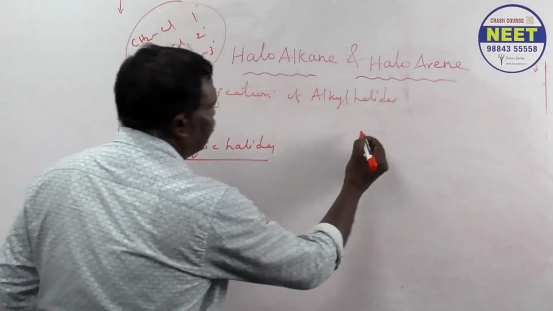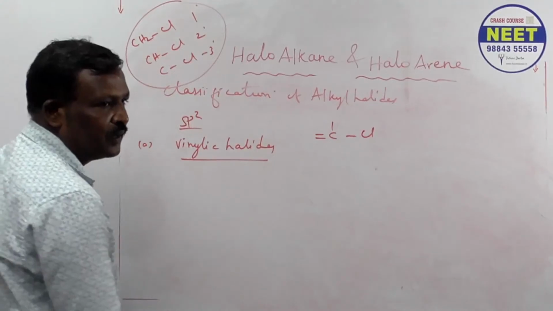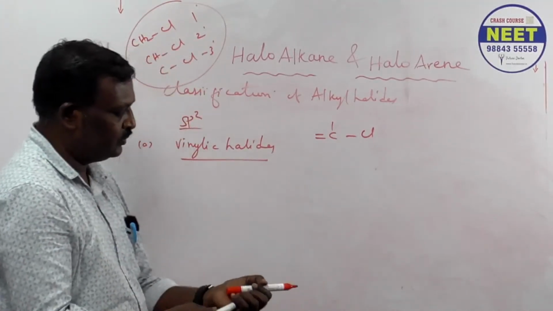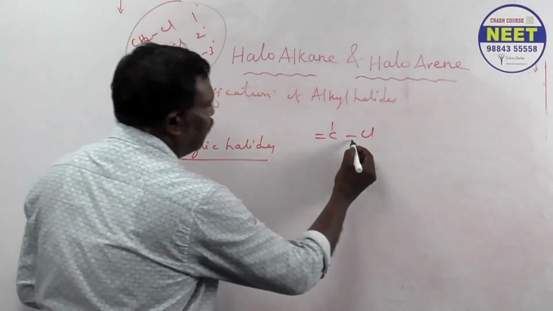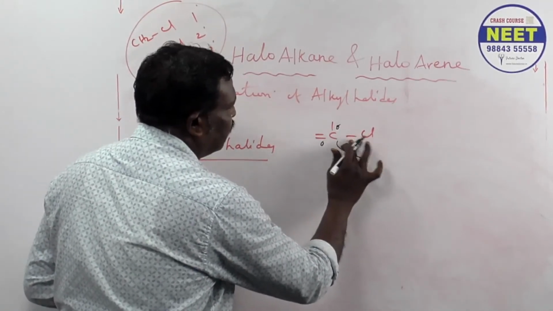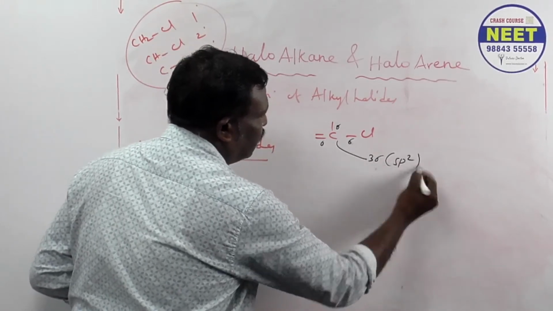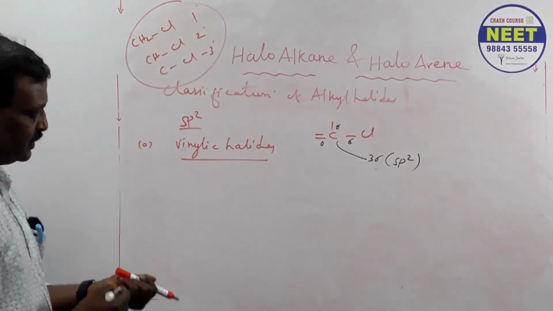I already told you, it will be like this. Here how many sigma bonds? We have three sigma bonds, which means sp2. Just remember.